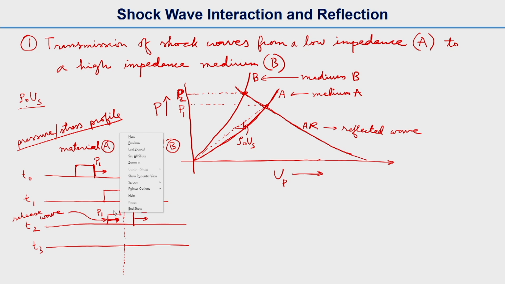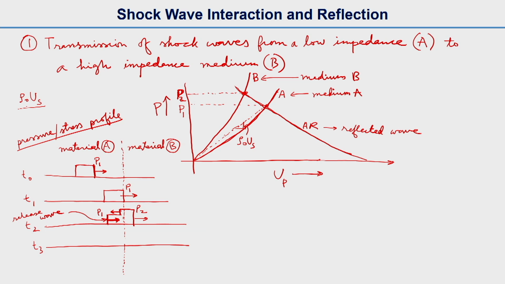There will be a wave which will reflect back from the interface, and that will also maintain a pressure P2. That wave, reflected back from the interface of the low and high impedance medium, will interact with the release wave which I have shown earlier.